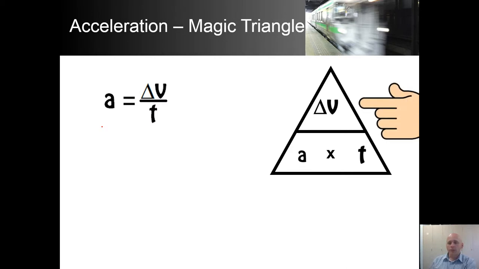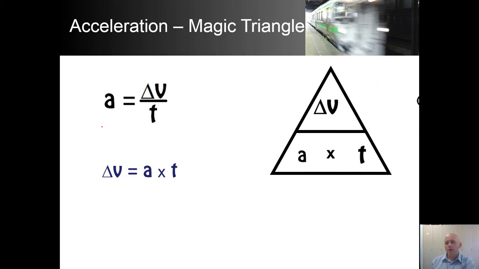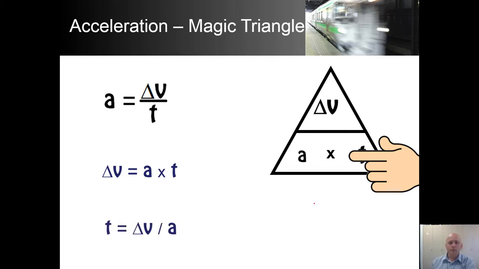Now if we want to solve for change in speed, we cover up the delta v, and we can see that delta v equals a times t. If we have a problem where we have to solve for time, cover up the t, and it's t equals delta v over a, because in the triangle we've got delta v over top of a.